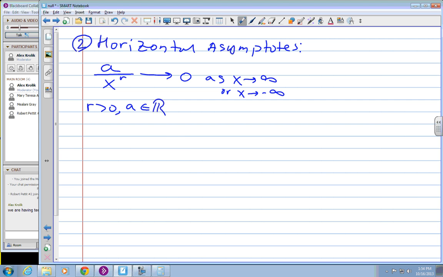Well, that means your numerator stays fixed. It's a constant. Your denominator gets bigger and bigger and bigger. So the ratio of constant over bigger is always going to be small, close to 0. Are we okay with that? If you keep dividing a number by bigger and bigger numbers, you're going to get very, very small results, closer and closer to 0. Do you agree with that? Say yes. Yes, good. All right.